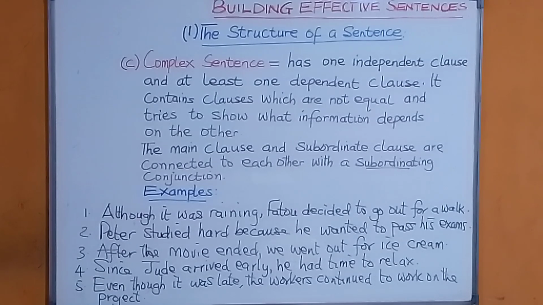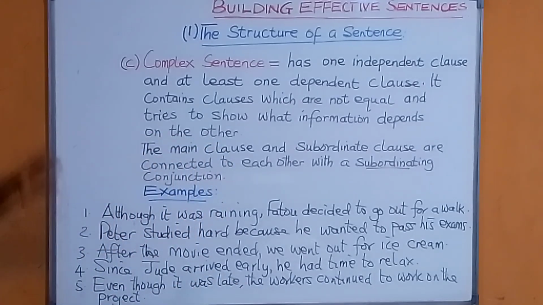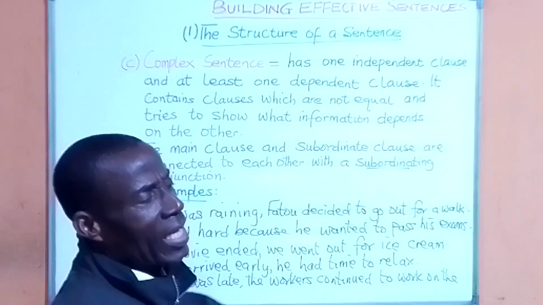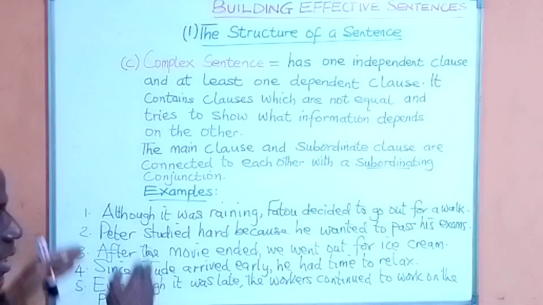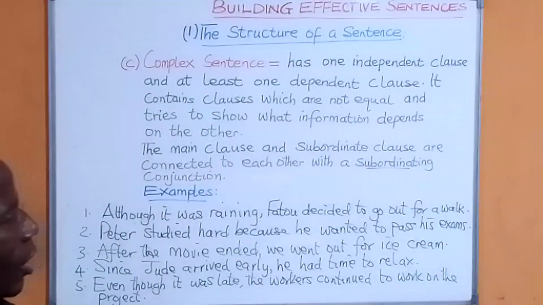Look at another one. Even though it was late, the workers continued to work on the project. So you see complex sentences: one dependent clause and one independent clause. That means the second clause depends on the first clause.